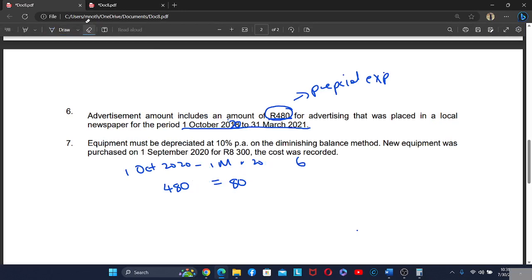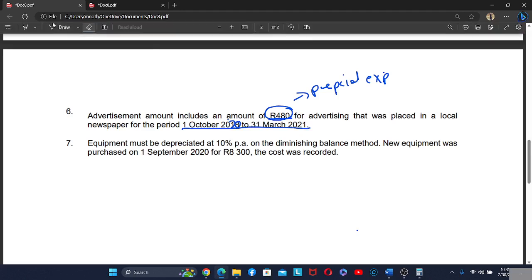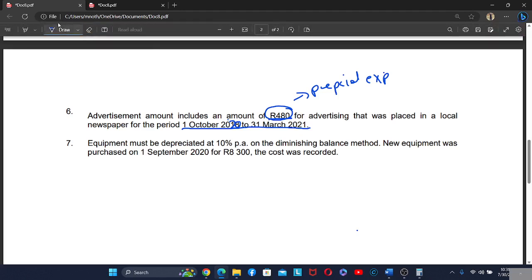Equipment must be depreciated at 10% per annum on the diminishing balance method. Okay, new equipment was purchased on the 1st of September 2020 for 8,000 Rand. This is the new equipment multiplied by 10%, multiplied by.